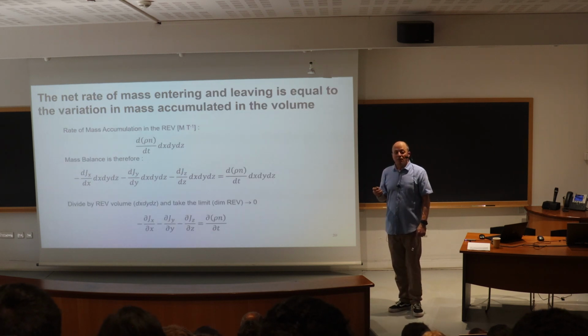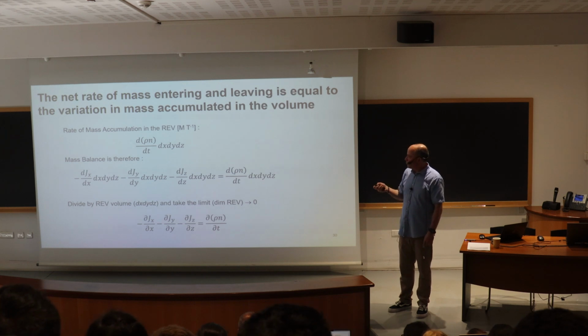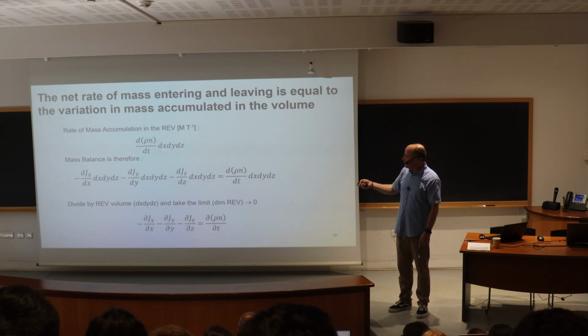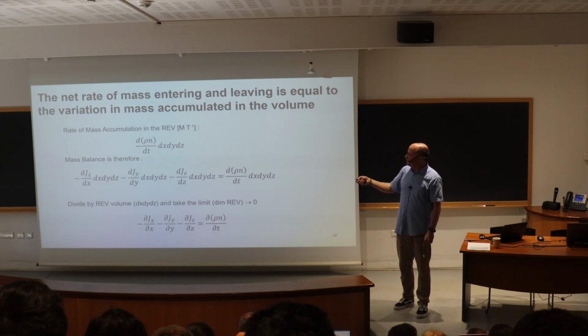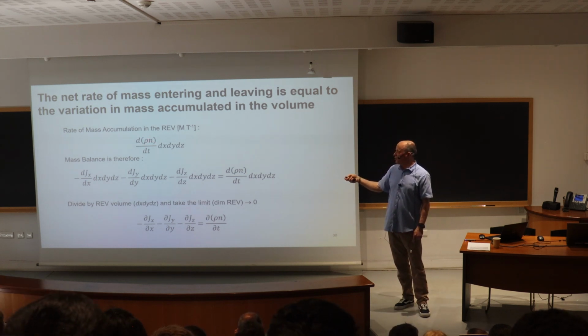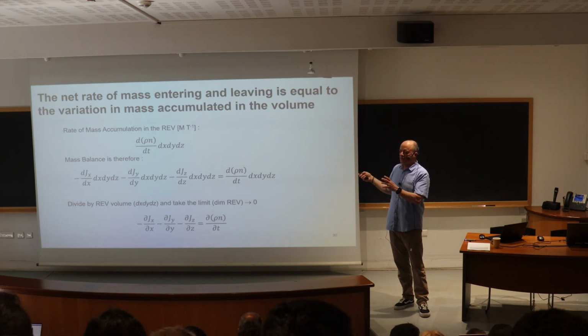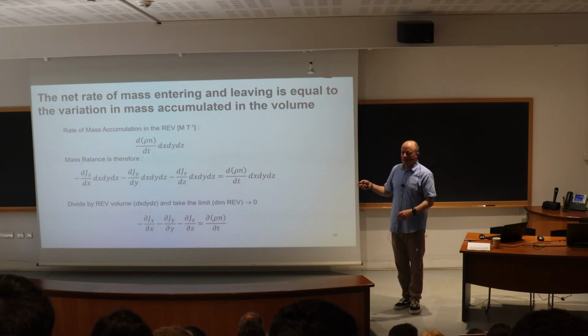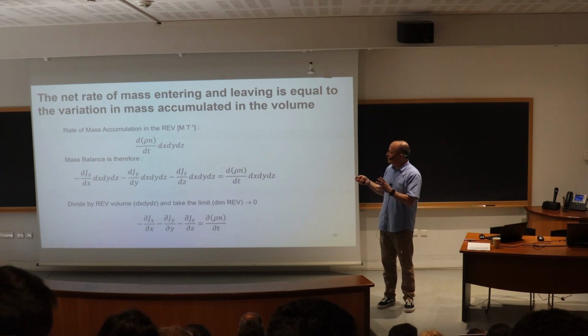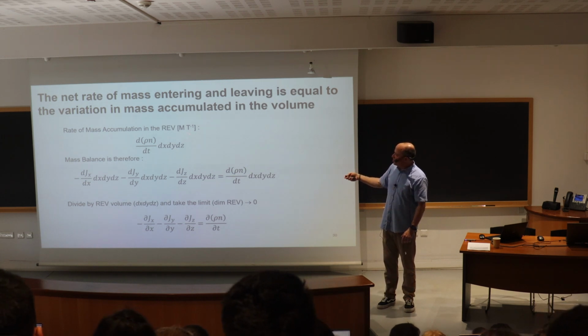The net rate of mass accumulation in the porous medium is given by this expression. So we have the variation over time of the density times the porosity times the volume. I should have worked out the definition of each unit, but if you do it, you will get an expression which is the mass over time.